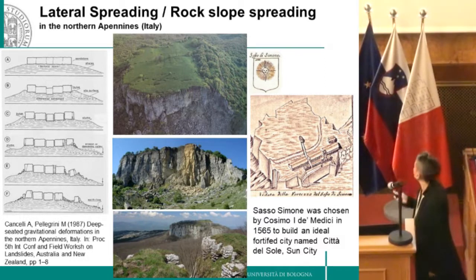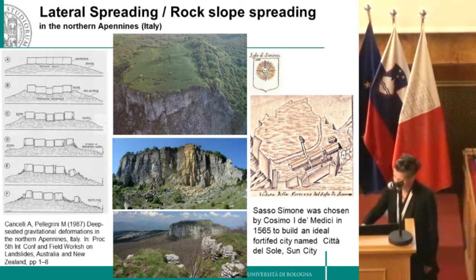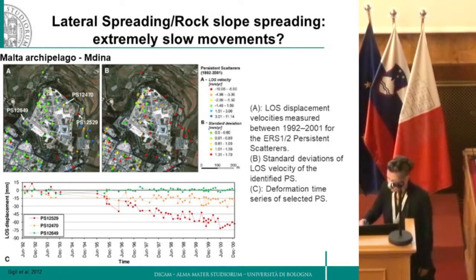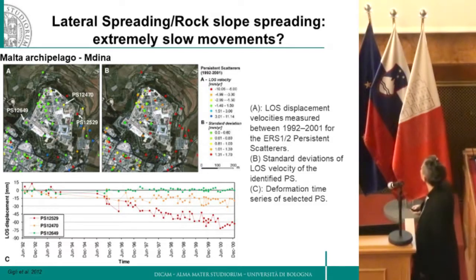So if we start from the general condition, we could say, okay, what's the problem here? These are slow movements. And I thank Veronica for giving the introduction to the technique that was used, for example, in this area, in Malta, for measuring the displacements of a cap rock overlying clay shales in the city of Medina.